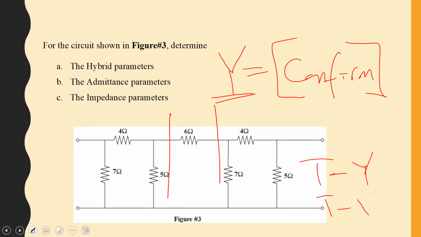You convert your T to hybrid, and you convert your T to Z. All right? And that is due Monday evening. So you have Friday, Saturday, Sunday, Monday. You have 4 days.